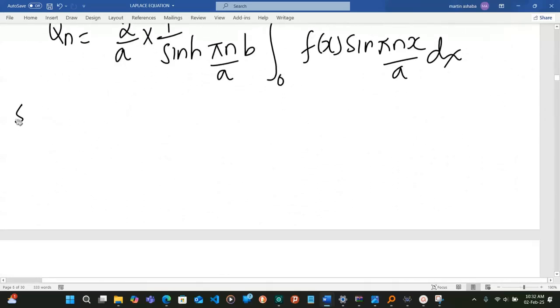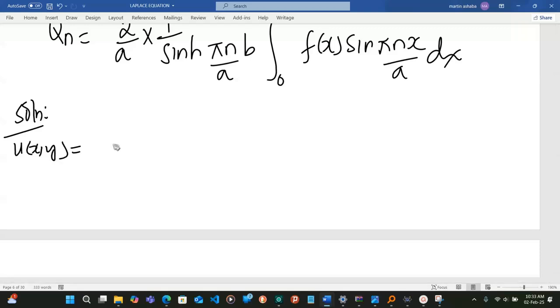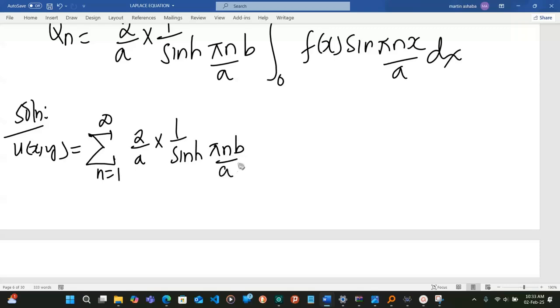Therefore, the solution becomes u(x,y), which will be now the summation for n equal to 1 up to infinity of 2 out of a times 1 out of the hyperbolic sine function of nπb out of a. Then we are integrating from 0 to a f(x) sin(nπx out of a) with respect to x.